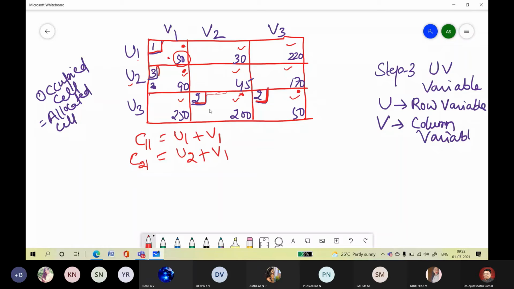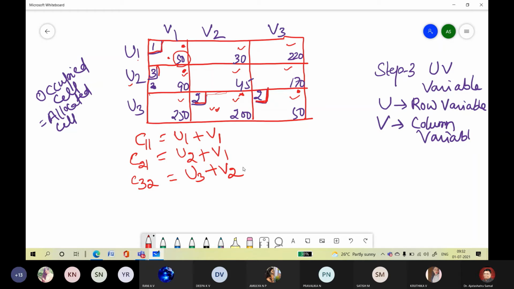Then third allocated cell, this one you are going for, they're called C32, because C32 equal to U3 plus V2. This is U3, the row side, and the column side is V2. Anybody have doubts? Tell me.